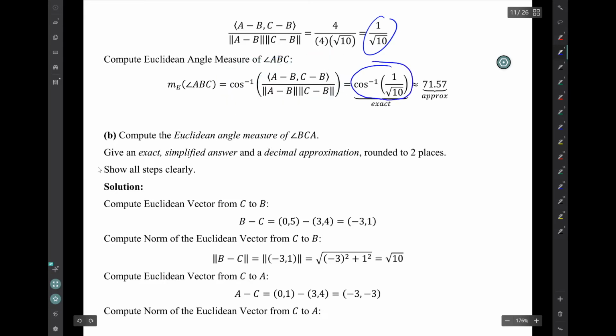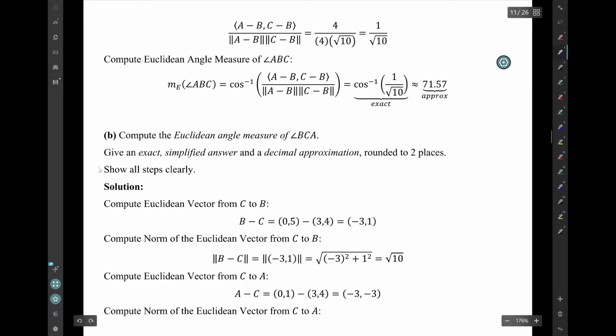That's my answer. Remember, the instructions were to give an exact answer. That's it. Notice that I have not used a calculator in my computations, or there are no decimal approximations anywhere in what I've done so far. That thing that I've got circled is the only way to write that number exactly. Now finally, here at the very end, I can type this into a calculator or into Wolfram Alpha, and I get this decimal approximation.